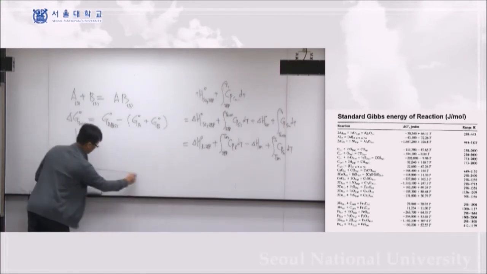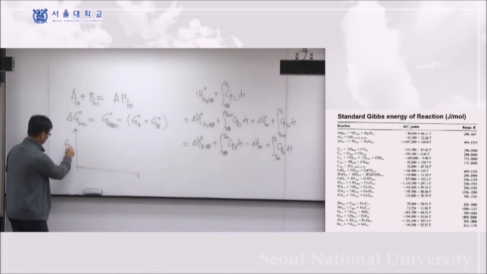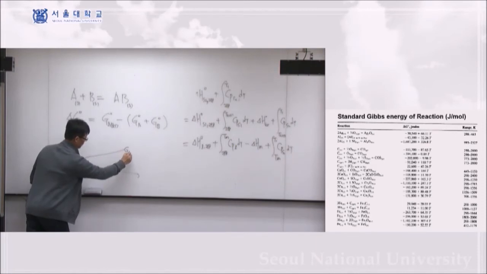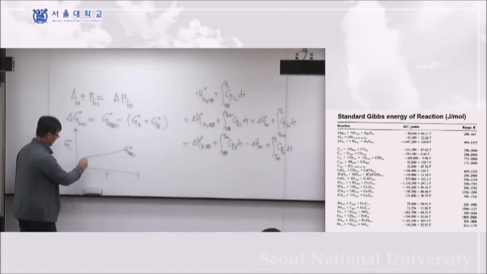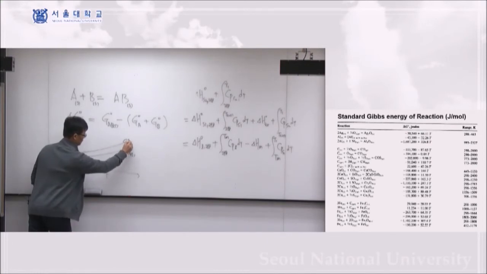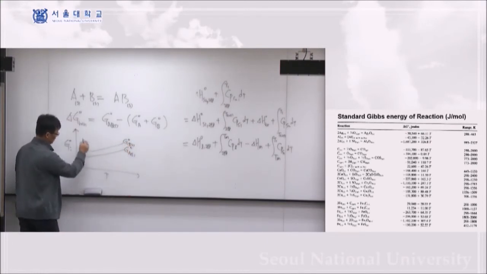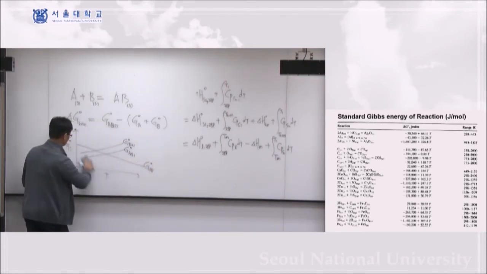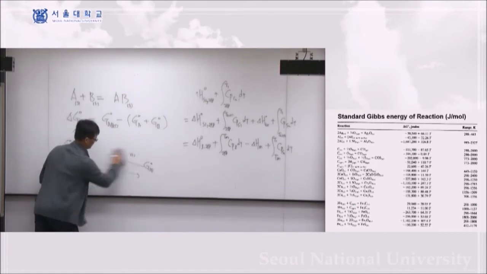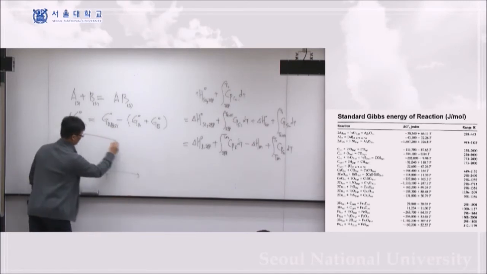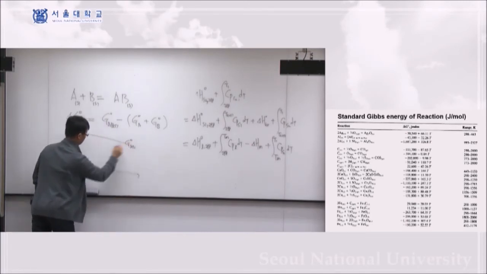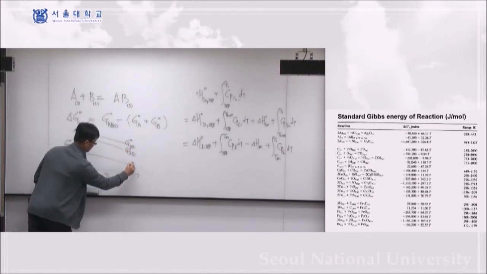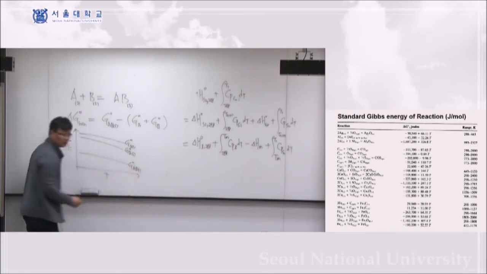In the end, if I make a graph here, this is Gibbs energy, and this is temperature. Let's take this as the Gibbs energy of A, solid phase, and this as the Gibbs energy of B, solid phase. And then this one is the Gibbs energy of AB, solid phase.